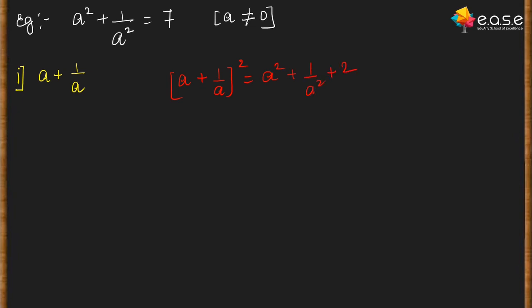So what we can do here, if you add and subtract 2, we are not going to change the equation, right? So we have a plus 1 by a. If you square this, we will get a square plus 1 by a square plus 2.